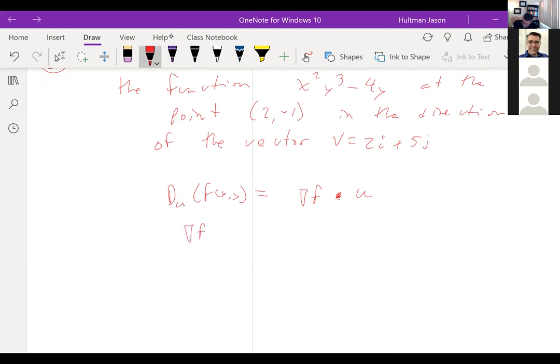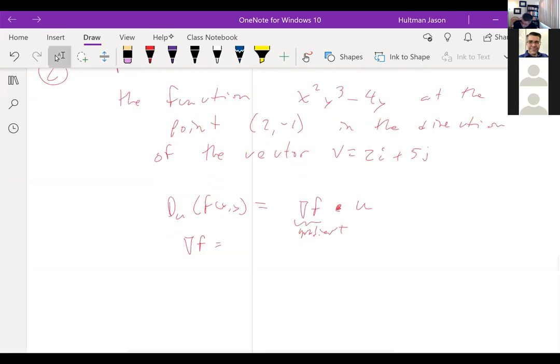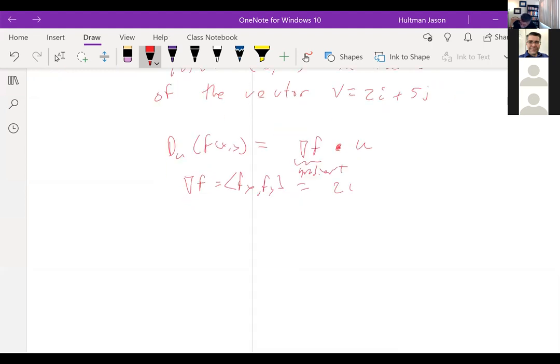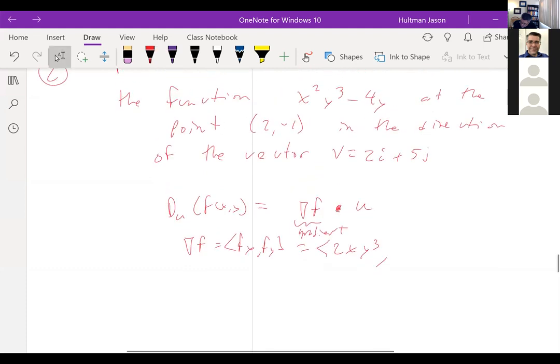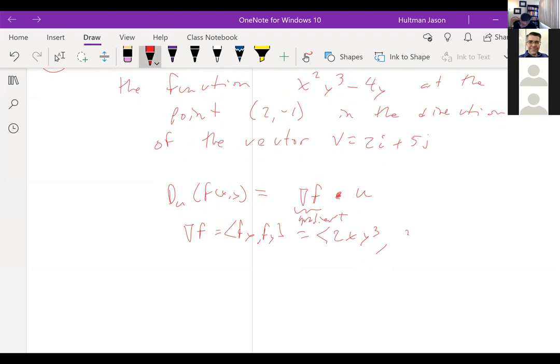Del f, what we call the gradient vector, is the partial of x, partial of y, as a vector. So what's the partial of x here? Partial of x is going to be 2x y cubed. Partial of y is going to be 3x squared y squared minus 4.